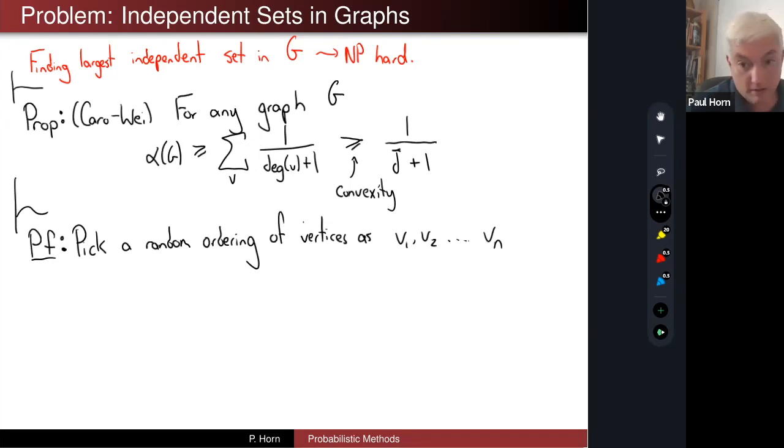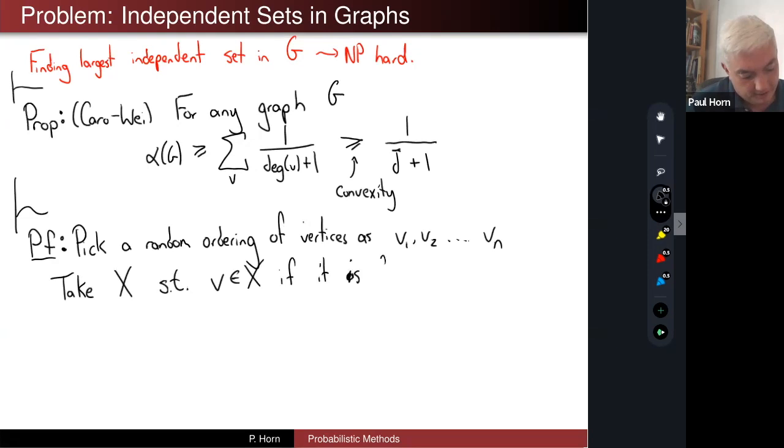And I'm going to take a set X so that V is in X if it is the first vertex in its neighborhood in the ordering.